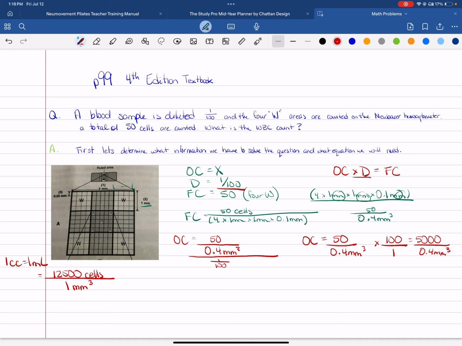There are 1,000 microliters in 1 milliliter and 1,000 milliliters in 1 liter. So we can use this information to extrapolate to per liter. We've got cc's and mLs equal to one another.